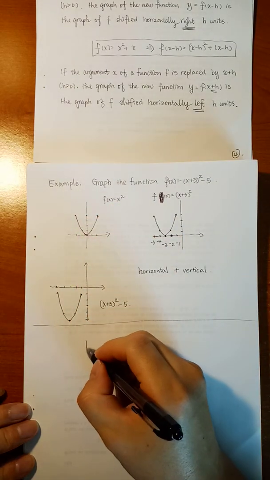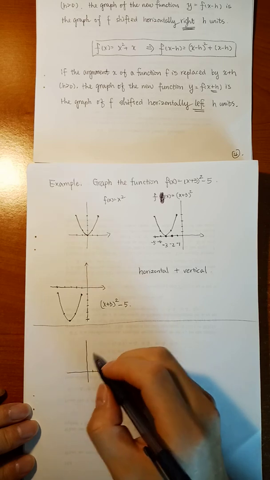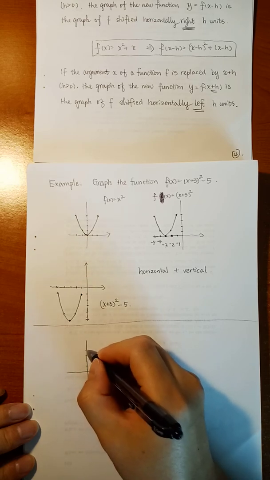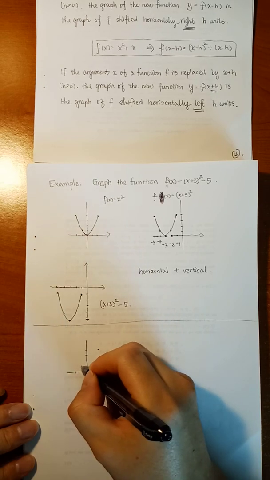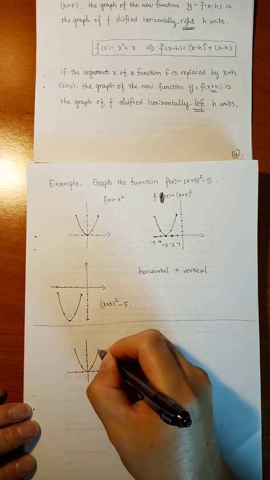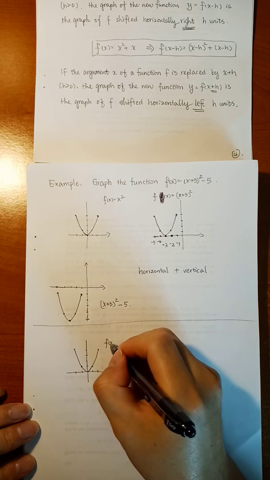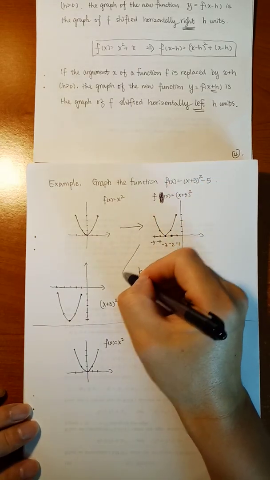We start first from this graph. This is f(x) equal to x squared.